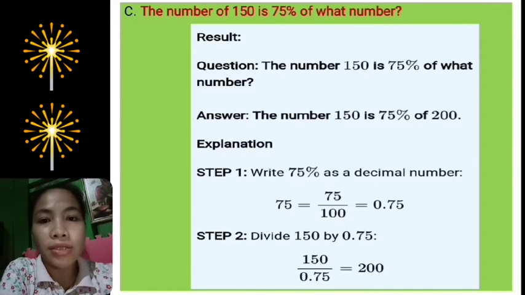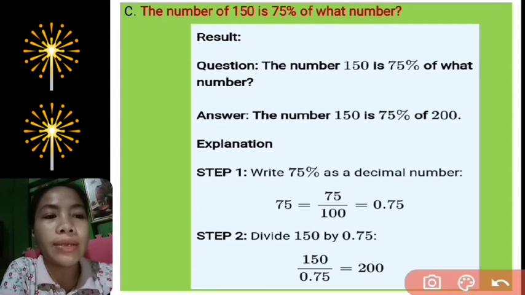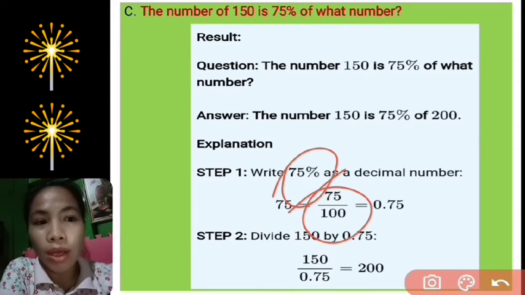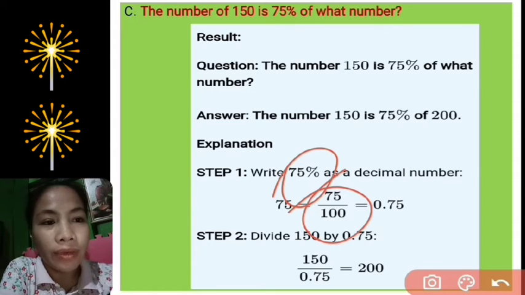Let's solve this in steps 1 and 2. Step 1. Write 75% as a decimal number. How to write 75% as a decimal number? 75 divided by 100 is equal to 0.75. Since we have 100, you can move the decimal point 2 places to the left.